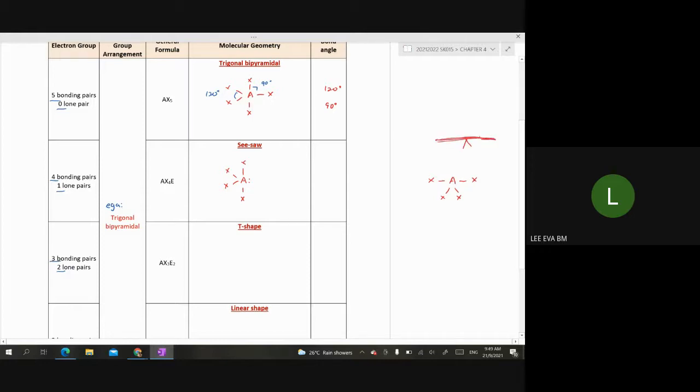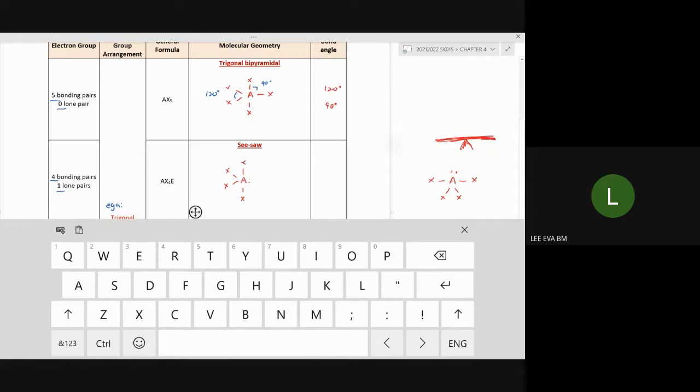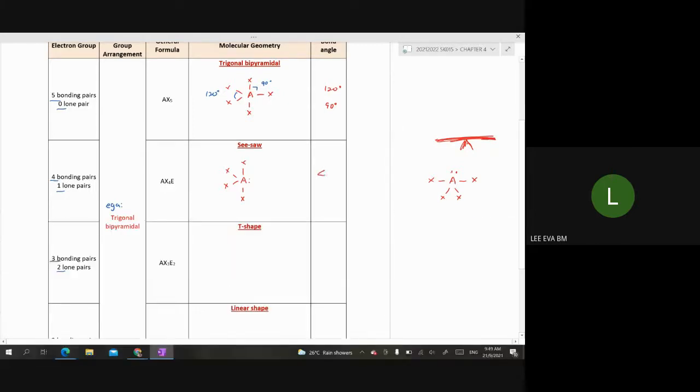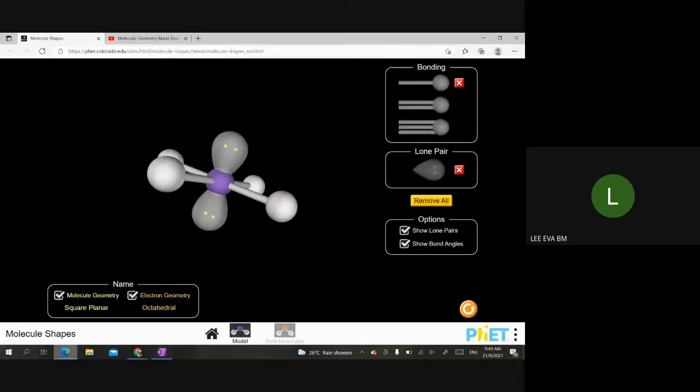So this is your seesaw shape. Okay. Lepas tu lone pair dekat atas. Ingat shape hanya ambil bonding pair sahaja. Okay. So the bond angle now we will have less than 120, less than 90.